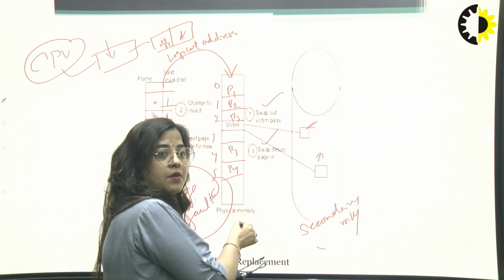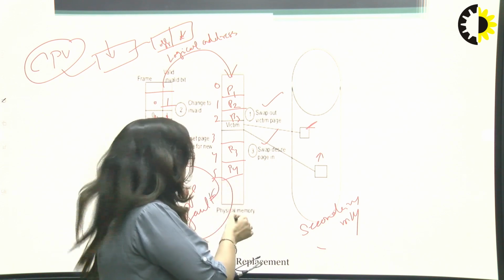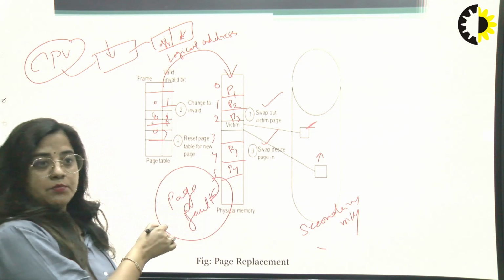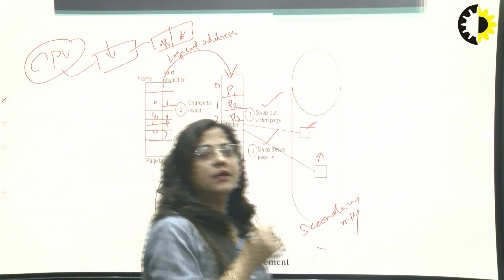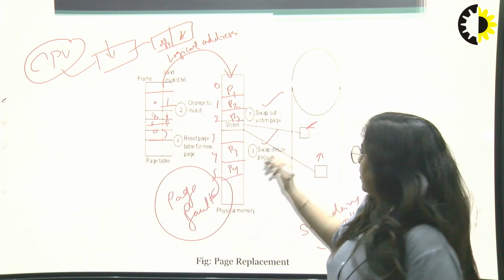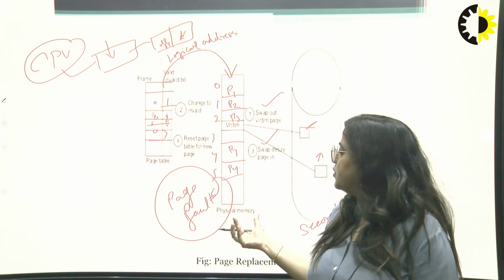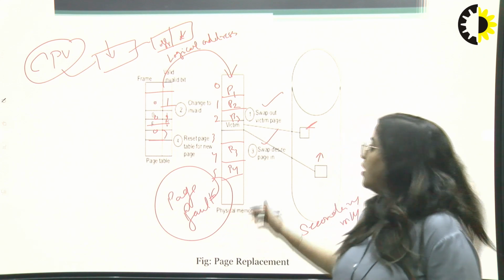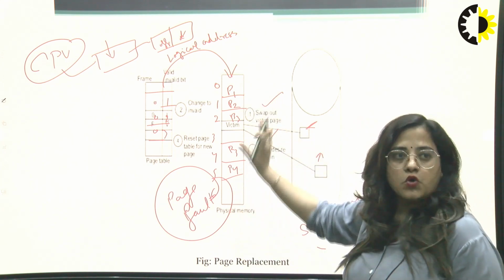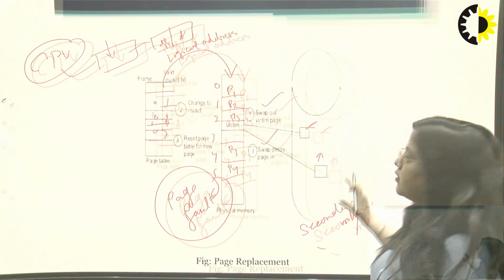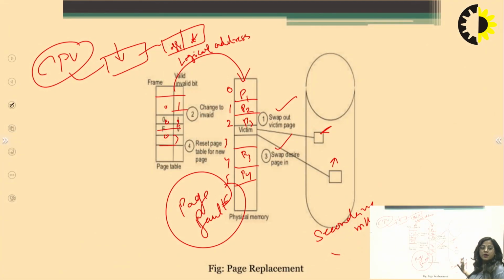Physical memory is part of our main memory, and main memory is very limited. So the remaining part of these processes is stored in secondary memory.